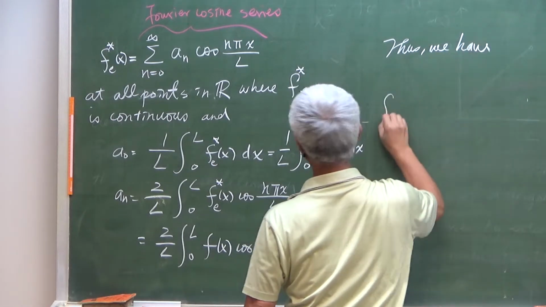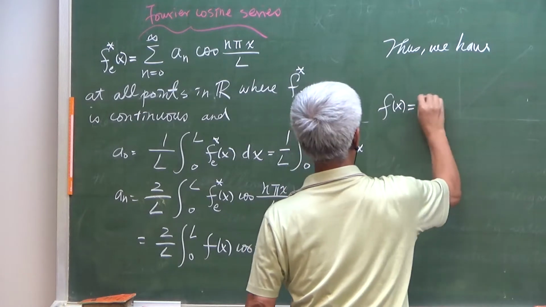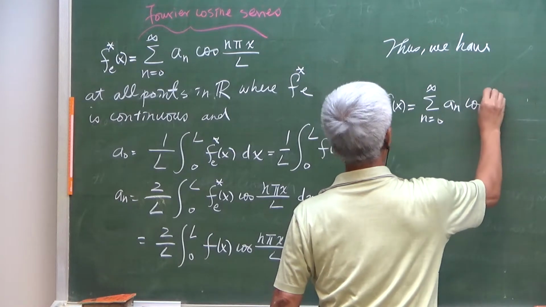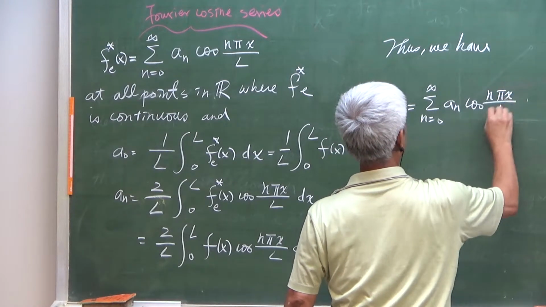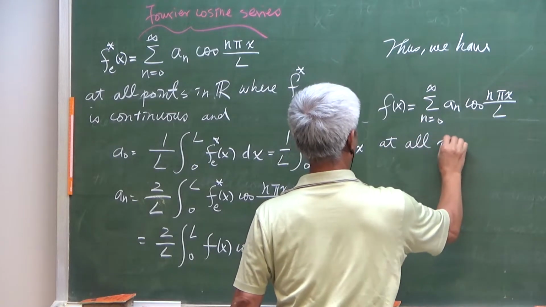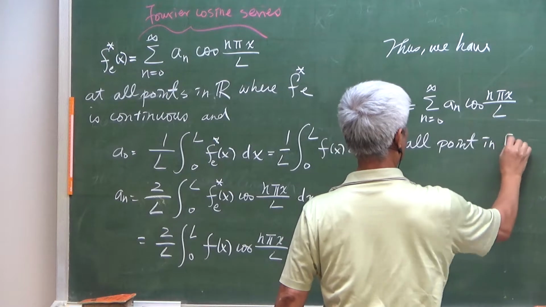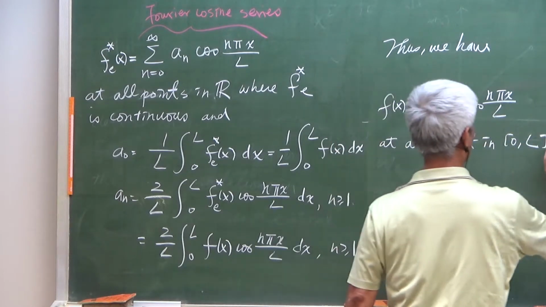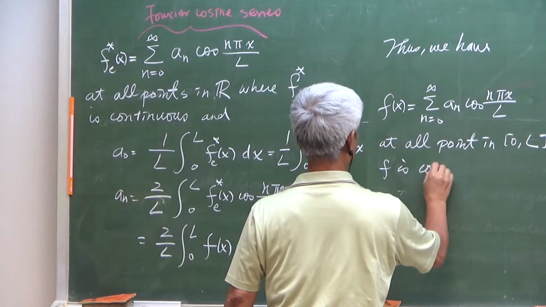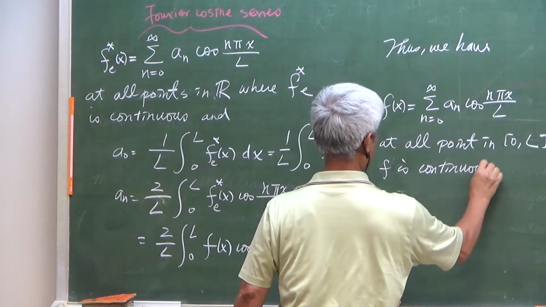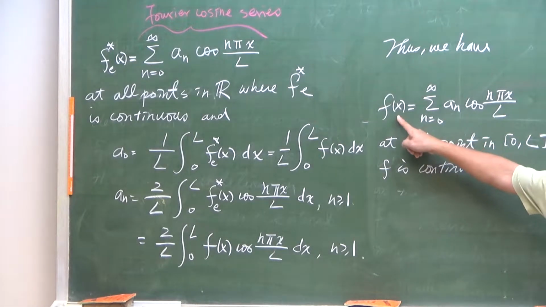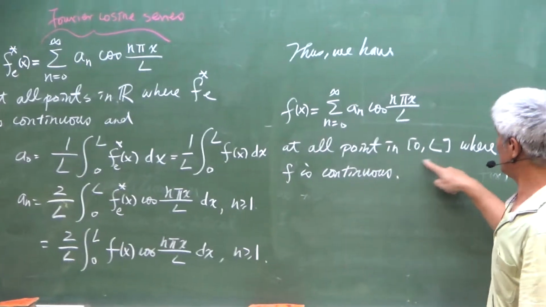So finally, we have f of x equal to this in (0, L), where f is continuous. Okay. So now we are able to represent the original function in this interval, right?